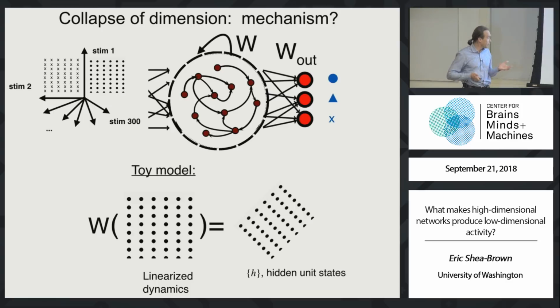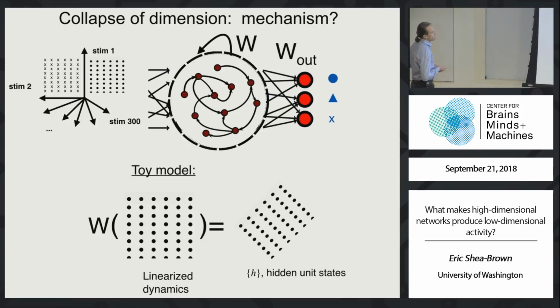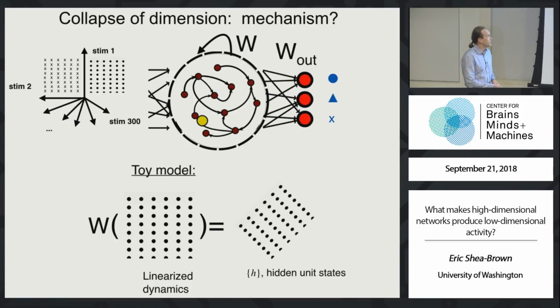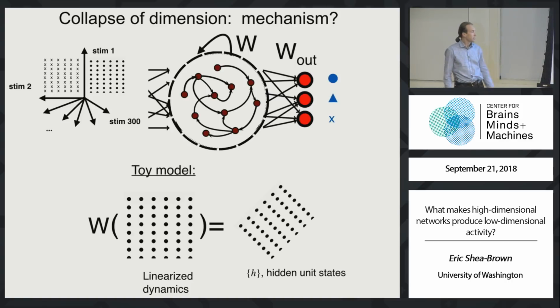Another aspect of my toy model, boy are we getting toy here, is we're just going to consider the action on one of these sets of points at once, so all the Tommies. And just to introduce some notation, H is what we're going to call the hidden unit states. Those are just the dynamical variables that characterize all the units in my recurrent network. Okay, is the toy model clear? Take some grid of examples, apply W, get some hidden states.